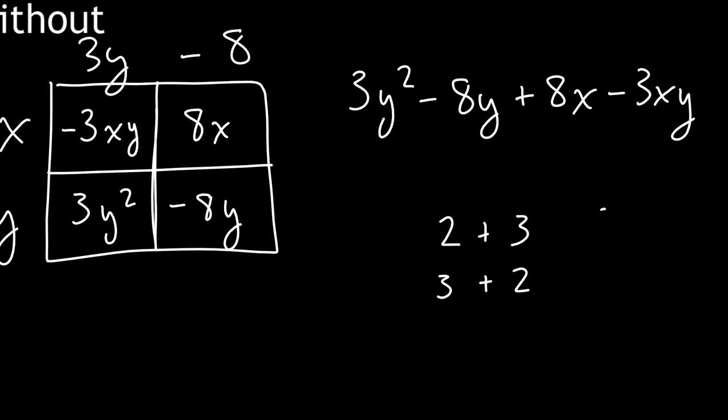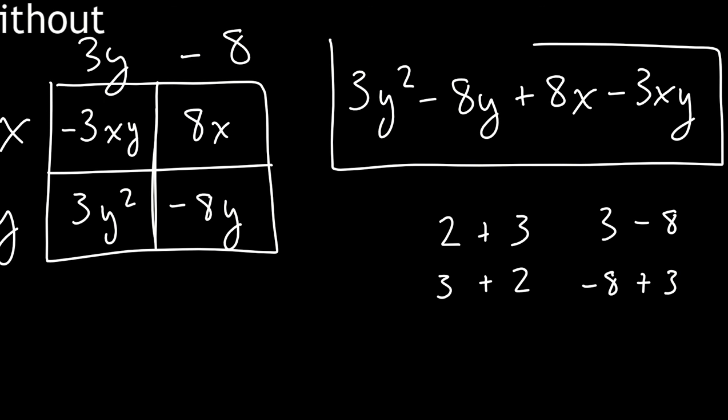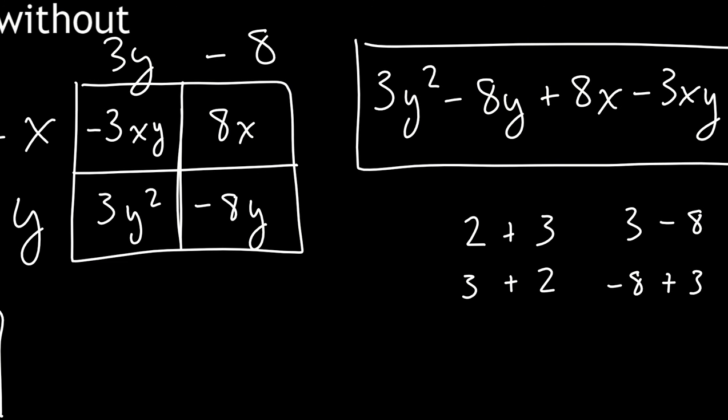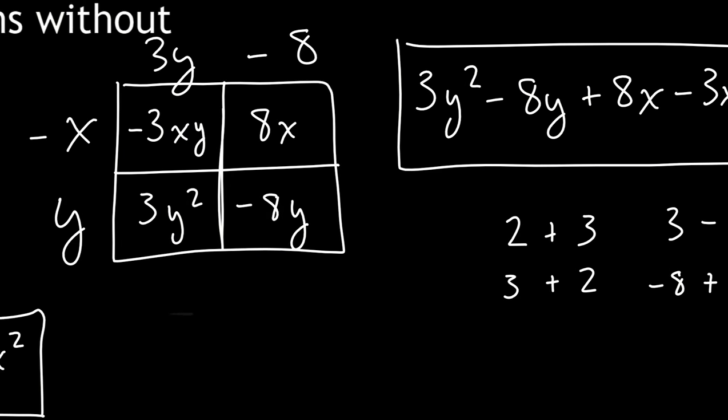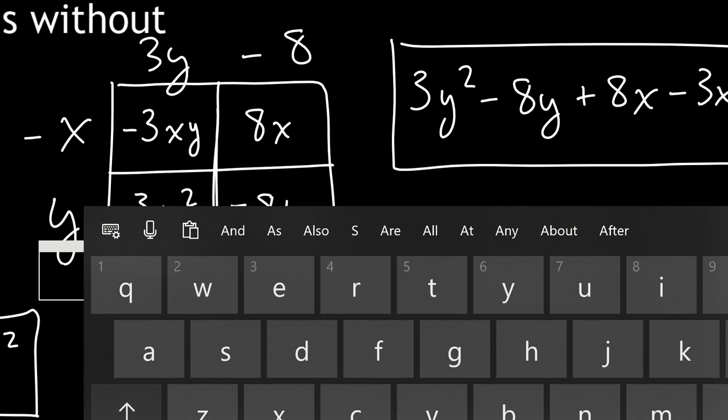And if you've got something like 3 minus 8, you can also write that as a negative 8 plus the 3. So you'll notice that when I commuted the 8 over, I brought the sign with it, so it's a negative 8 and a positive 3. So this is the product of the binomials 3y minus 8 and negative x plus y.